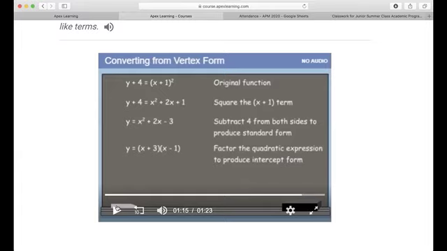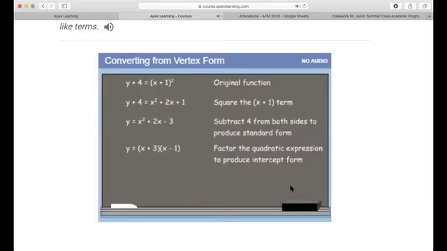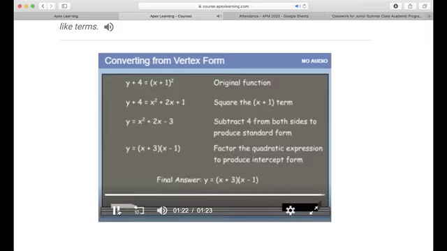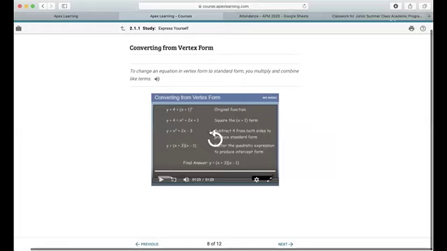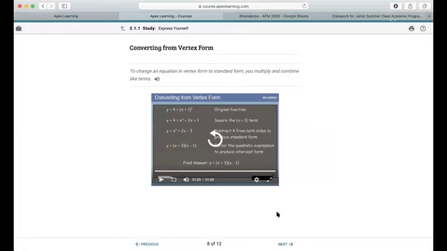Once you get to the standard form, you're just going to factor the expression like we know how to do. So again, that's our final answer, going from vertex to intercept form.